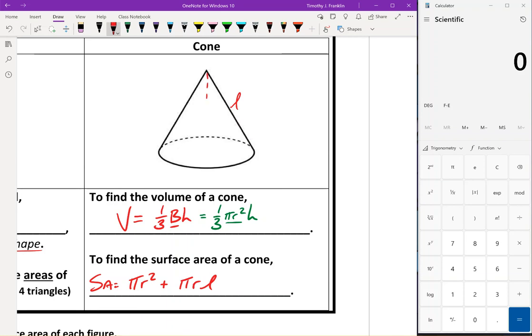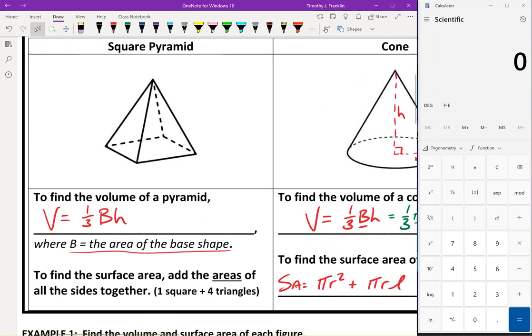So for a cone, we have a few important measurements. The height is the distance from the bottom to the top. The radius is the radius of the bottom circle, and L is the slant height there. It's called the slant height.